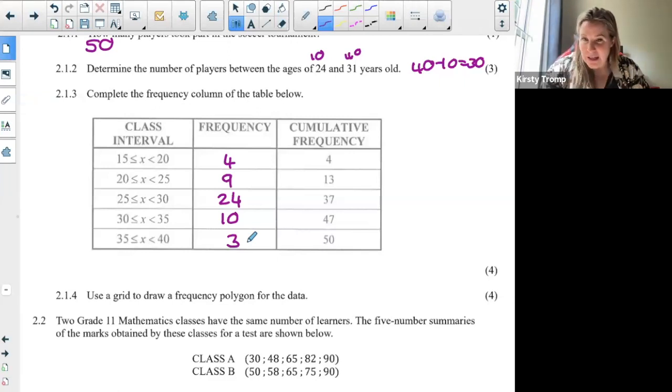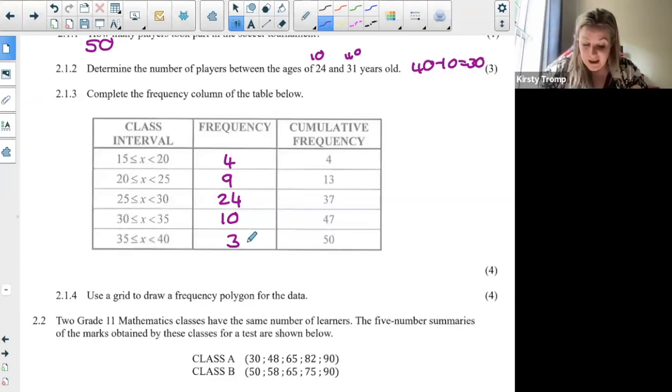Bali's saying to me, ma'am, isn't it 37 minus 9 gives you 28? So, Bali, be careful. When you're calculating your frequencies, remember how you do your cumulative frequency. You'd say 4 plus 9 gives you 13, 13 plus 24 gives you 37, 37 plus 10 gives you 47, 47 plus 3 gives you 50.